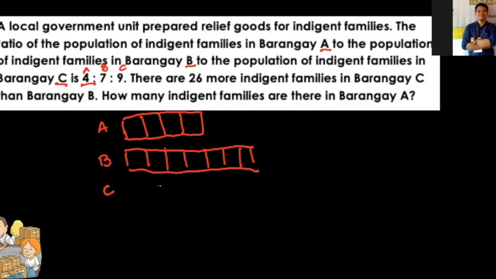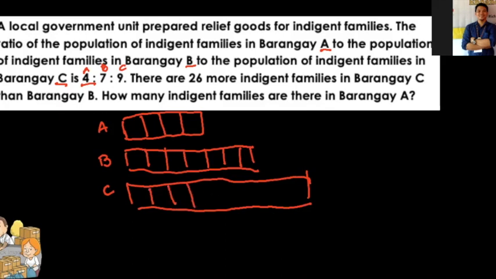And then for Barangay C, we have 9 units. So 1, 2, 3, 4, 5, 6, 7, 8, and 9. There.